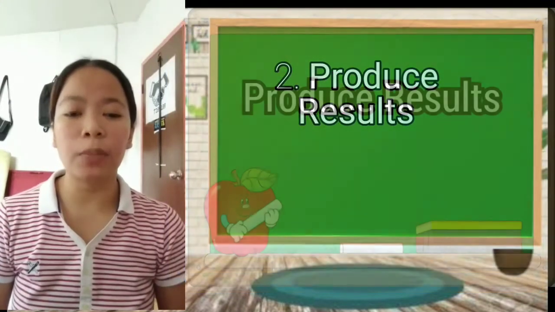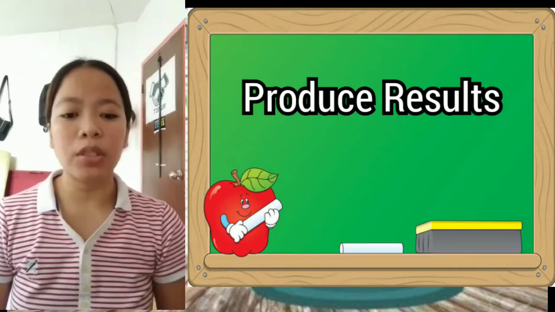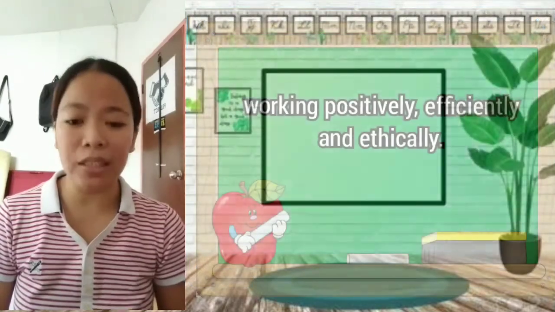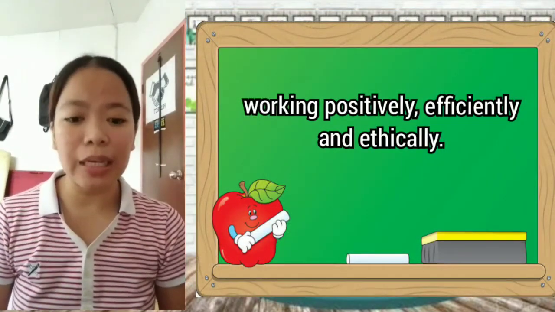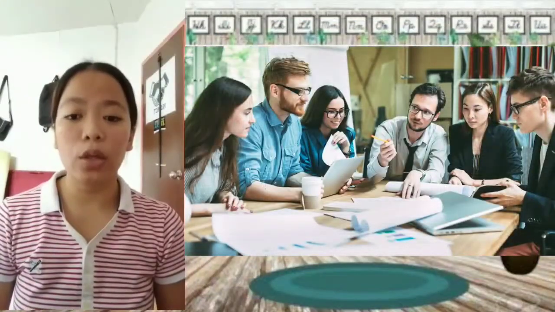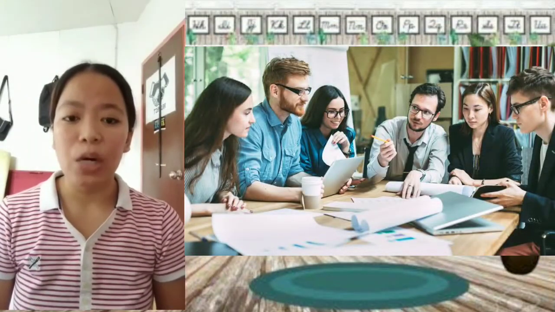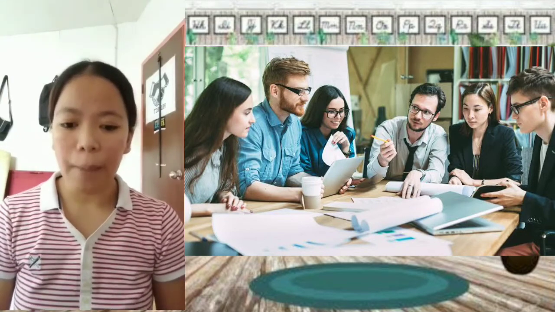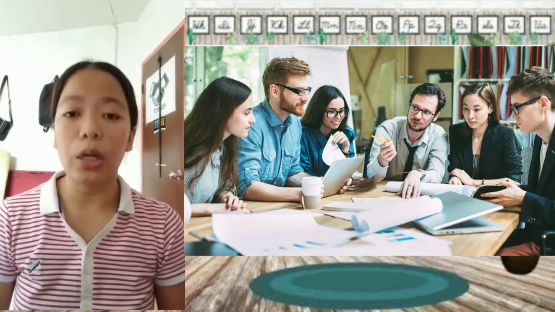The second one is produce results, demonstrating additional attributes such as working positively, efficiently, and ethically, collaborating and cooperating effectively with teams, respecting and appreciating team diversity, and being accountable for results.